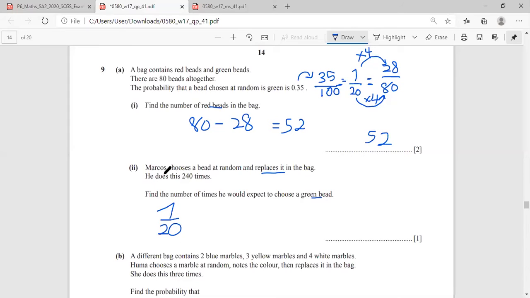But now he does this 240 times. In 240 times, how many times are green bits? 20 to 240, 240 divided by 20, you will get 12.